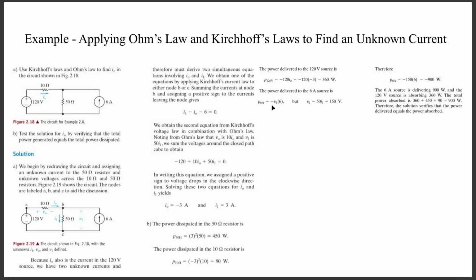Power delivered to the 6 amp source is negative V1 times 6, and V1 is equal to 150 volts. Therefore, the power delivered to the 6 amp source is negative 900 watts. The 6 amp source is delivering 900 watts, and the 120 volt source is absorbing 360. The total power absorbed is 360 plus 450 plus 90, which is equal to 900.